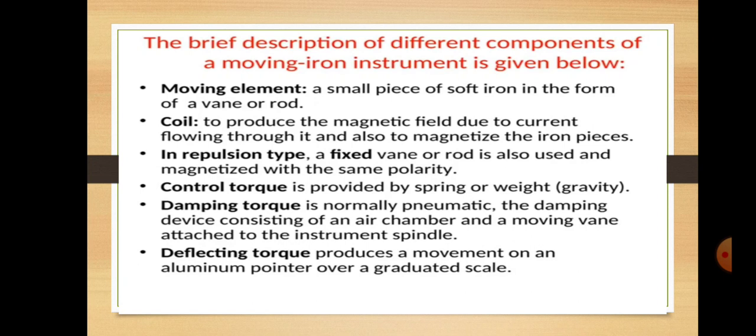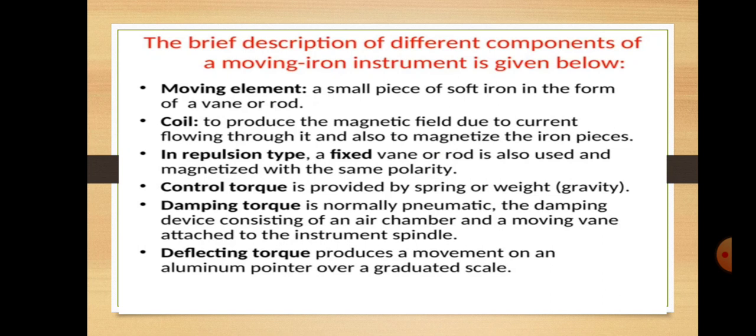Then the damping torque. For damping torque we also use a spindle. Damping torque is normally pneumatic, with a damping device consisting of an air chamber and a moving vane attached to the instrument spindle. Then the last one is the deflecting torque.